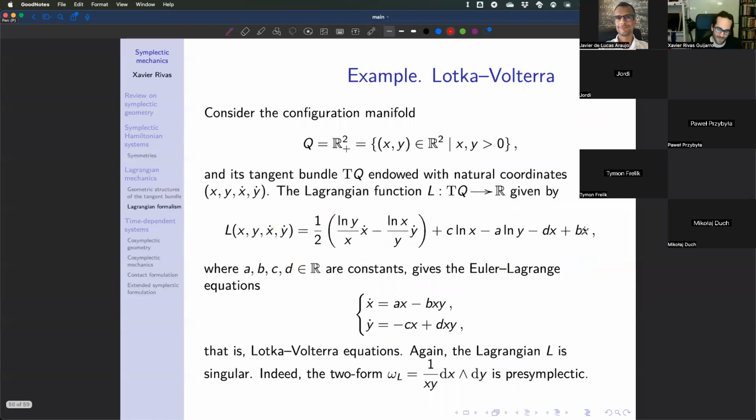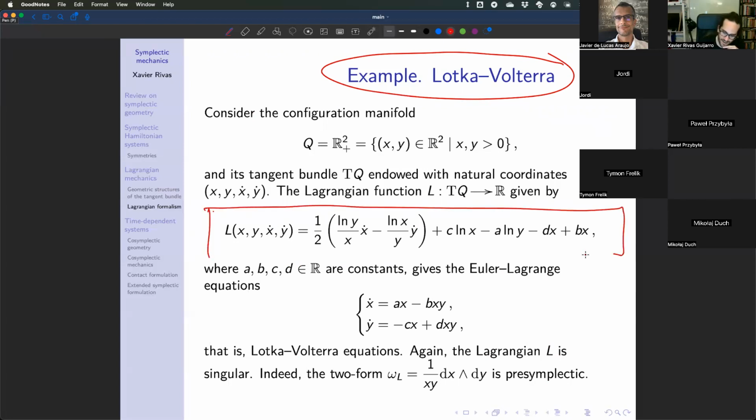Okay, and another example. It is from another field. This comes from ecology, and it describes competitive species competing for the same resources. And it is described by this cool Lagrangian here, which is very singular. It is so singular that the Euler-Lagrange equations are not even second order.